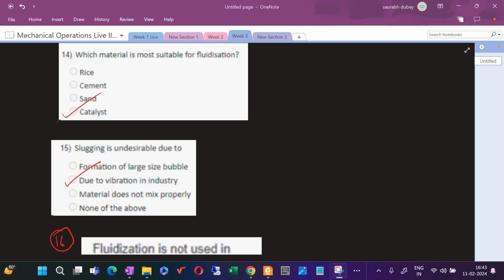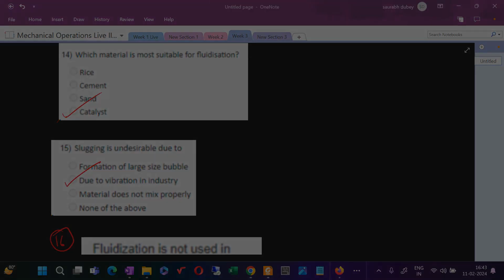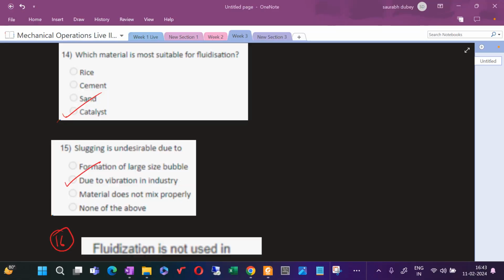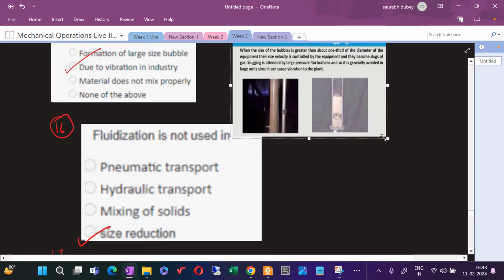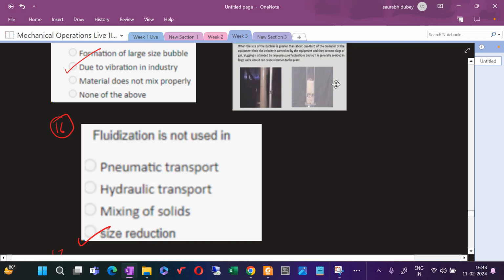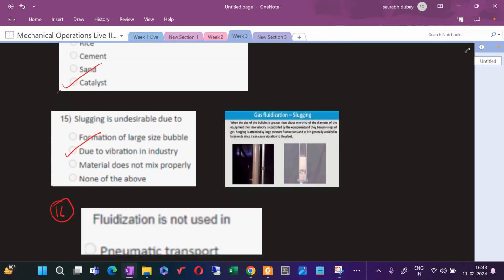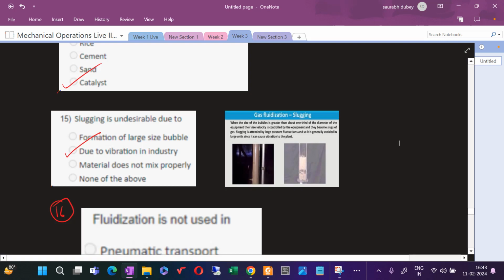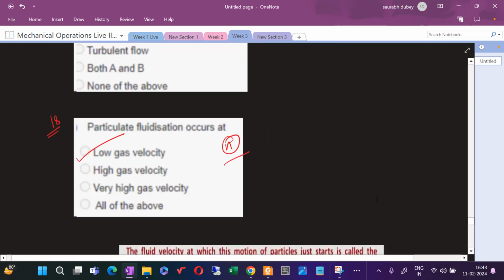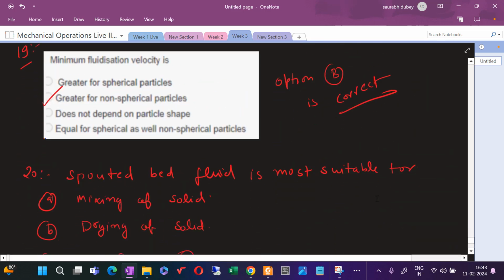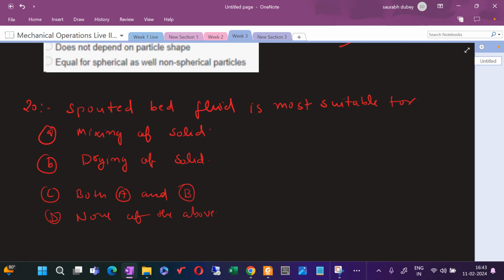I will give you the reference of the slides. And the one that you were actually looking at is the spouted bed.